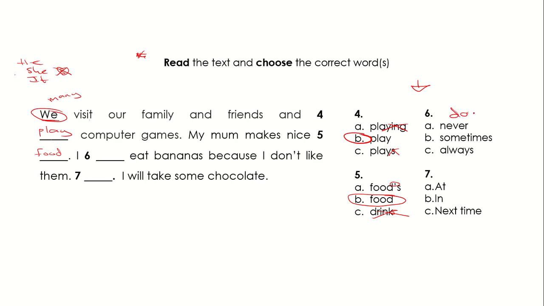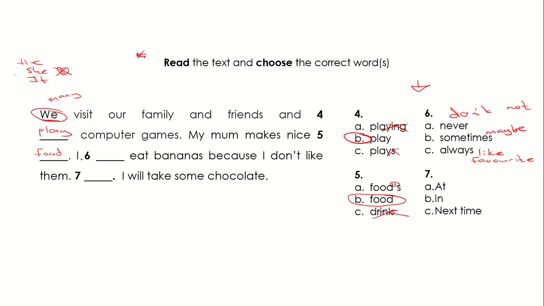You don't do it. It's not something you do. Sometimes means maybe. And always, yes, you like something, it's your favorite. These are words you will see with the word always, right? If you really like something, you're always going to do it. You love it, you like it, right?